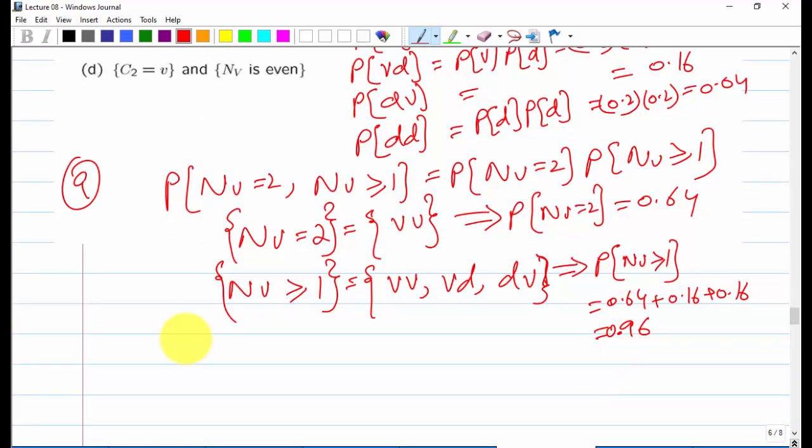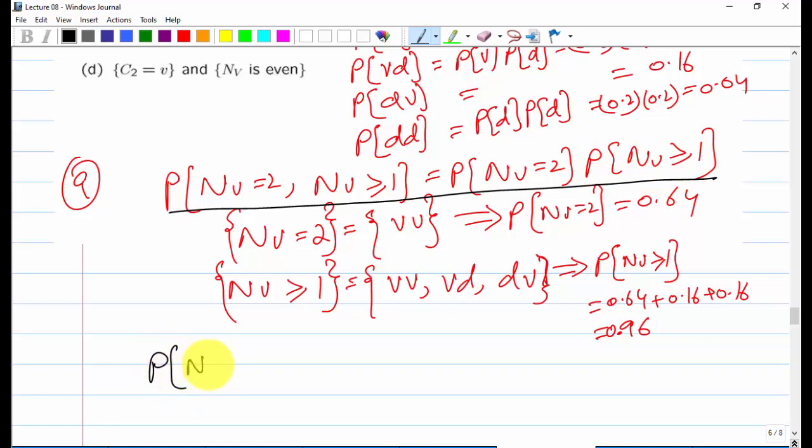So probability of... now we will put it back into this relation. As we can see, the event NV is equal to 2 is a subset of NV is greater than or equal to 1. So the intersection will simply be the probability of NV is equal to 2, which is not equal to the probability of NV equal to 2 times the probability of NV greater than or equal to 1. So obviously this is not equal.